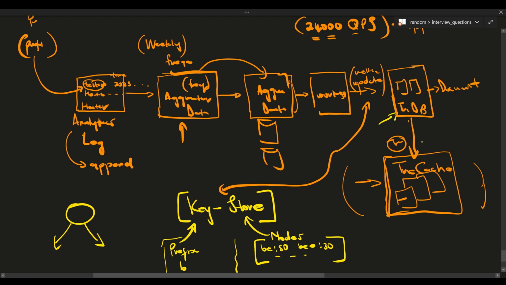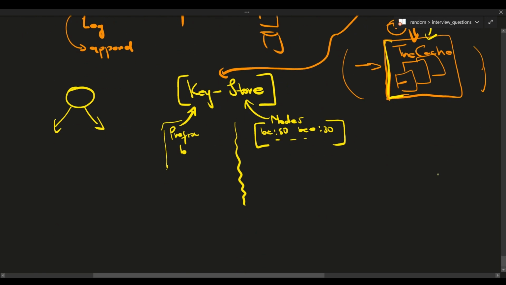Then every week, a snapshot is sent inside this cache, so this cache will be updated on a weekly basis. The reason I said weekly is that we assume the search terms do not change that frequently. Maybe we can have data scientists validate that assumption for us.